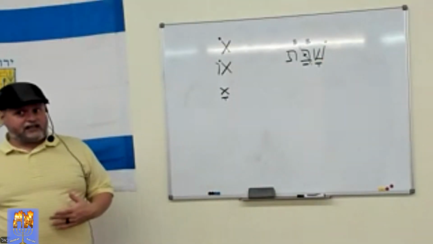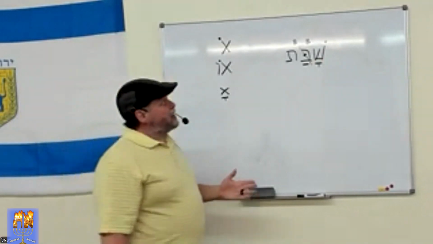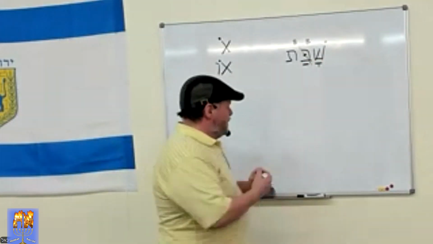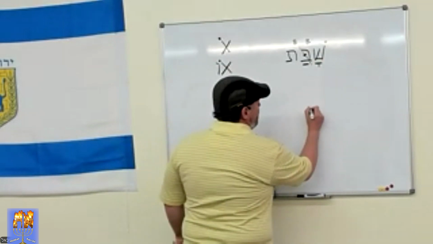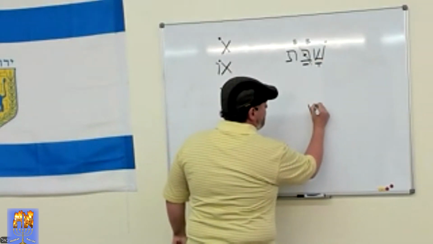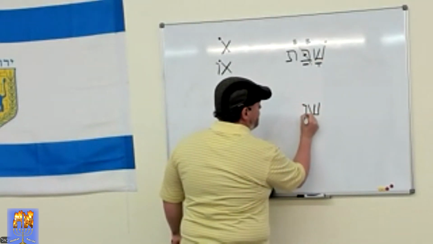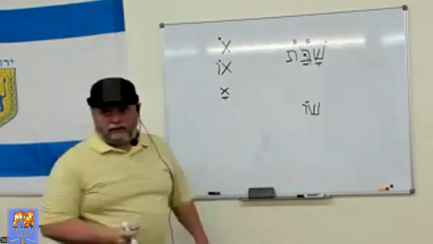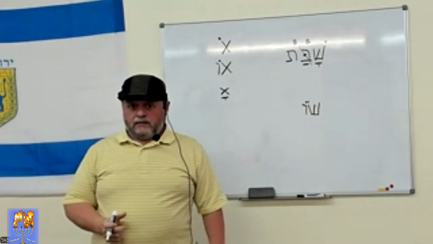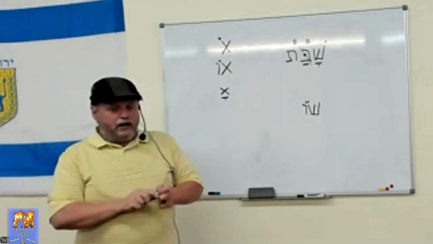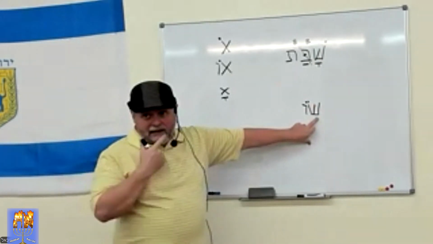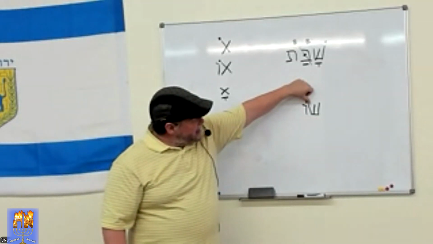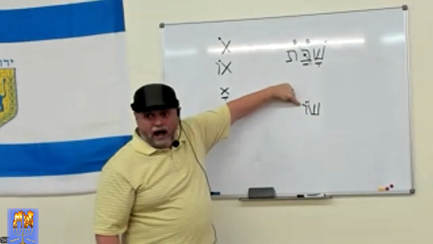That tells us SH. Now, sometimes you'll see a dagesh, so we have seen it like that before. So what are we looking at? We're looking at a sin, so it's just going to sound like S. And we'll take that one, and now we have cholem vav.